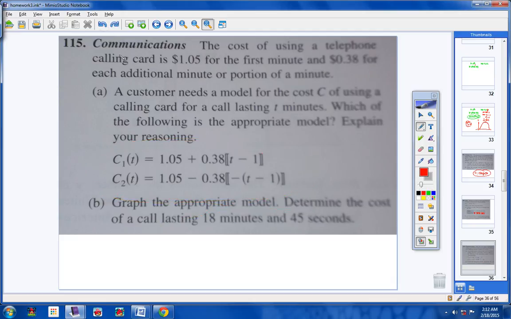They're asking you which one of these two equations, and notice we have greatest integer equations here. We have the line here, and then one coming down, okay? So don't forget that. But anyways, we're going to decide which one of these two equations models the situation up here the best. Alright, so here we go.